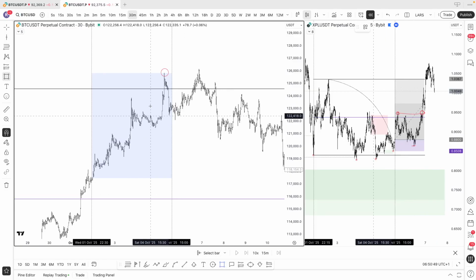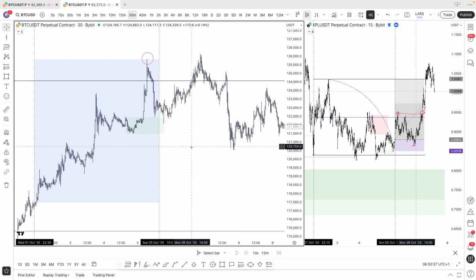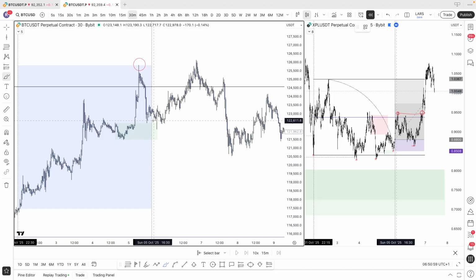However, despite being semi-counter, locally speaking, we were located at a demand POI right here. Okay, so locally we were at a demand POI, which could cause a local bounce towards the upside. And as we create the local bounce on Bitcoin, that could potentially already complete the accumulation schematic on XPL.